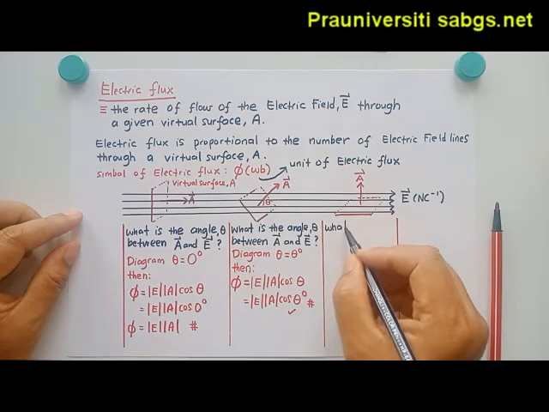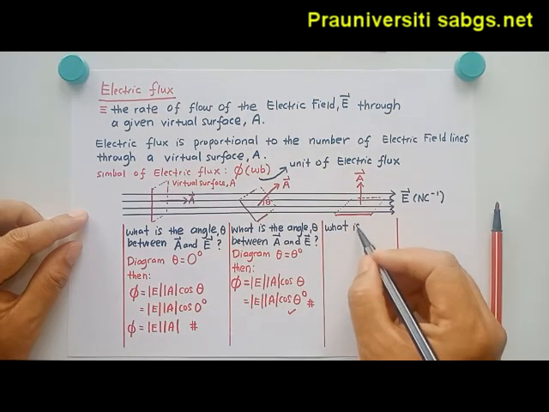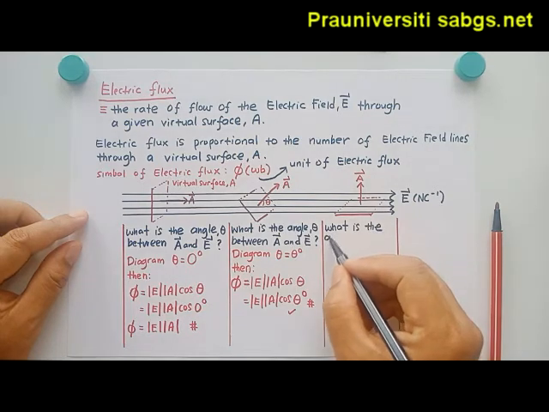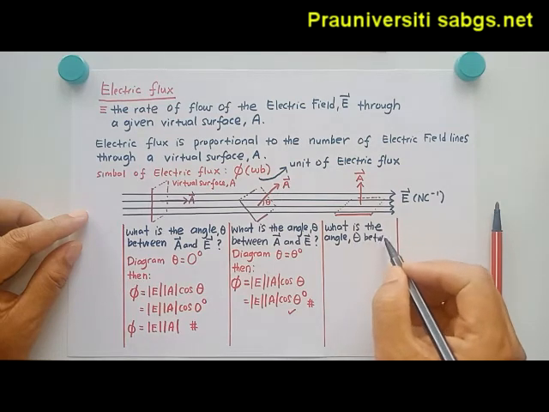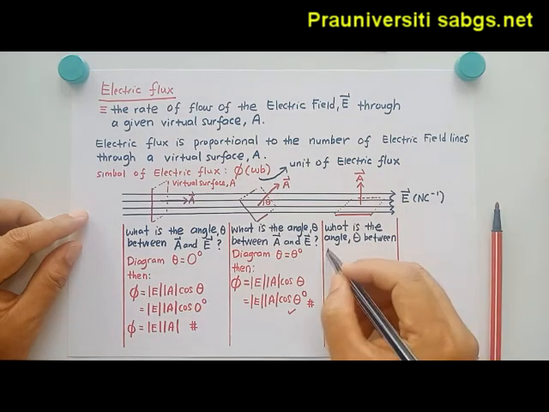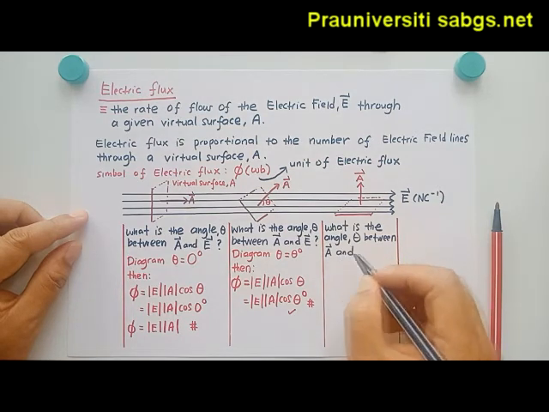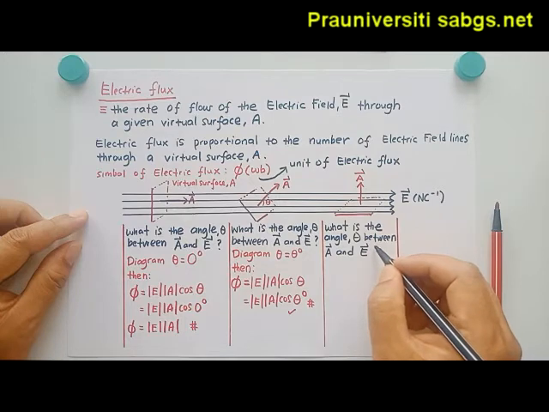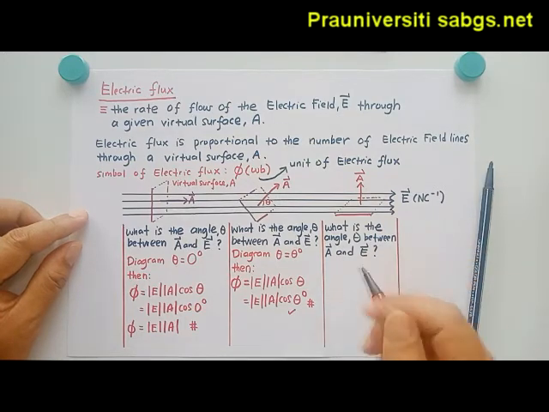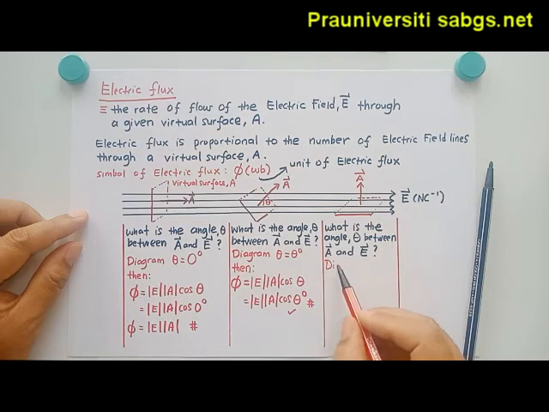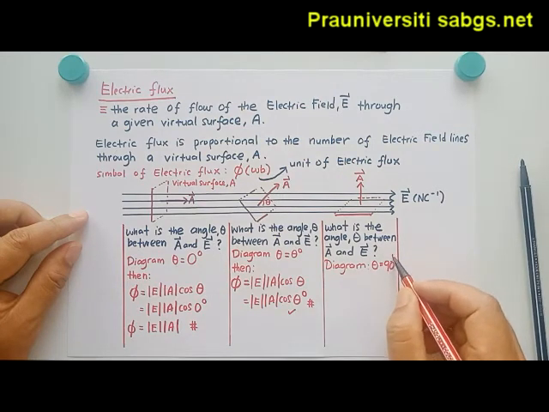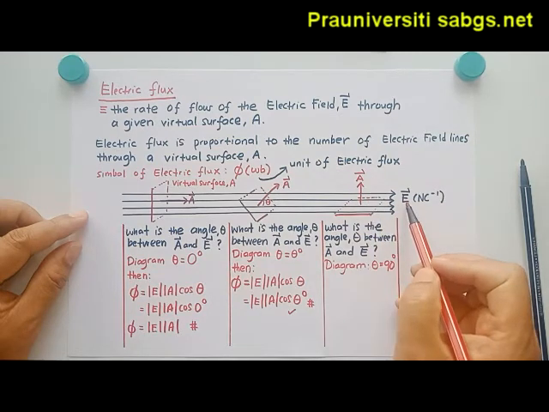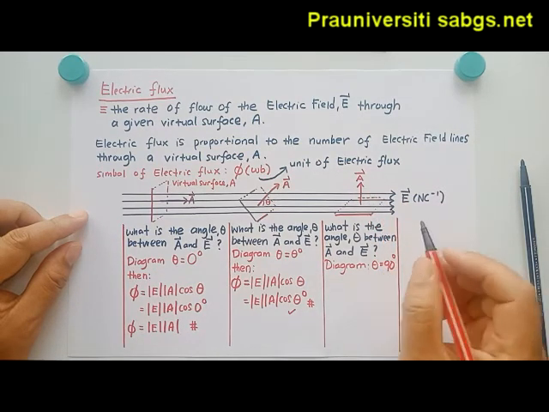So what is the angle theta between the vector A and the vector E? From the diagram, theta is equal to 90 degree. See, here is vector A, here is vector E, so the angle here is 90 degree.